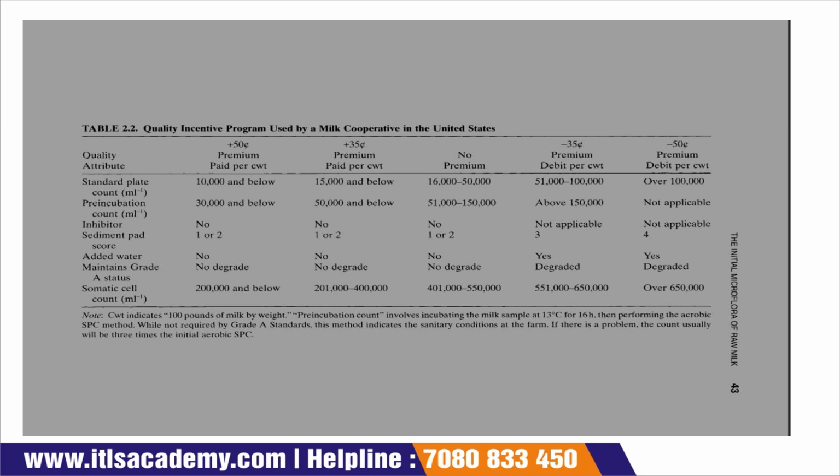This is a quality incentive program used by a milk cooperative in the United States. The first one is for a quality attribute, with plus 50 premium paid per CWT, plus 35 premium, no premium, minus 35 premium, and minus 50 premium. The first quality attribute is the standard plate count.